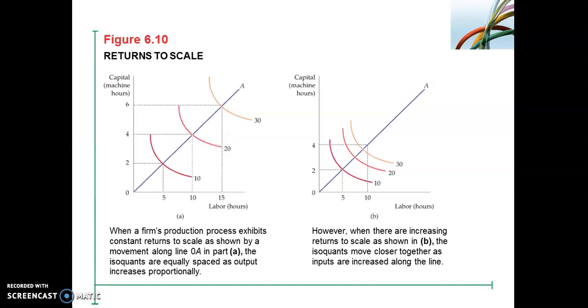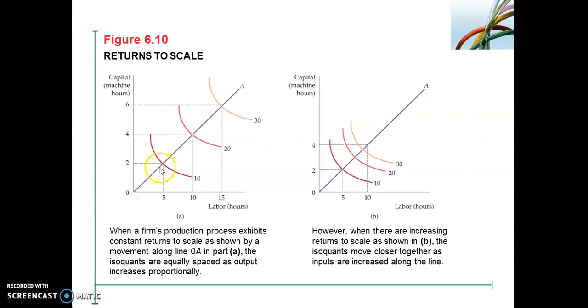a certain output. Now, if you look at figure A in figure 6.10, right, you can see that if inputs double from 2 hours of capital to 4 hours of capital, and labor doubles from 5 hours of labor to 10 hours of labor, we see that there is a doubling.